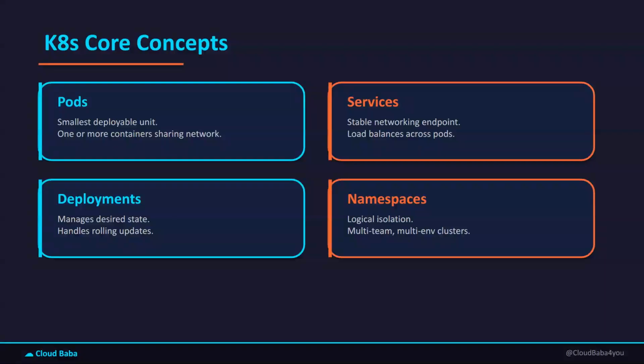Even if one crashes, it will self-rebuild and again keep the five running. Even during deployment, if you are deploying a new version, it will keep the same five running until the new version is up and running fine, without taking down the older one. Another one would be the namespace, which is a logical isolation for multi-team or multi-environment clusters.